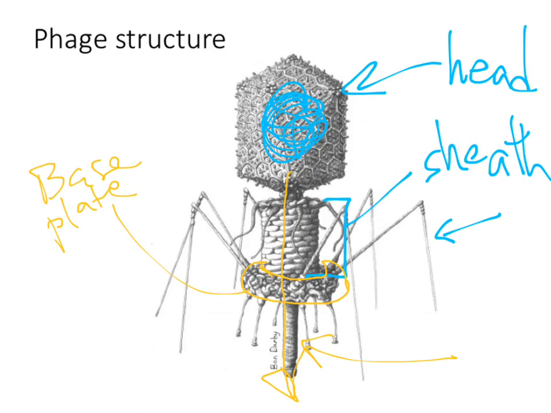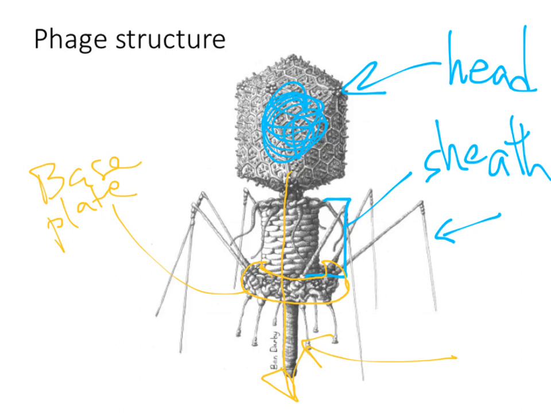And that's it. At that point, the virus requires some host proteins in order to support its life cycle. And this is true about all viruses. They rely on the host. They can't replicate on their own. Any questions about the structure?